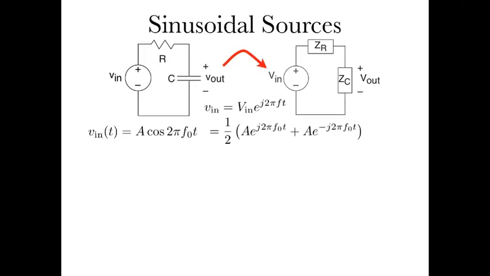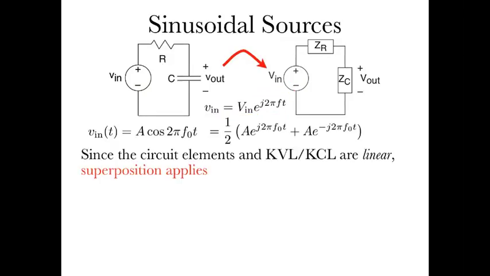We use the complex exponential source to hop over to the impedance version, use all the tricks we've learned for resistive circuits, and now when the source is a cosine, I want to point out that all the circuit elements we've been talking about, resistors, capacitors, inductors, and the interconnection laws, KVL and KCL, are linear, which means superposition applies.